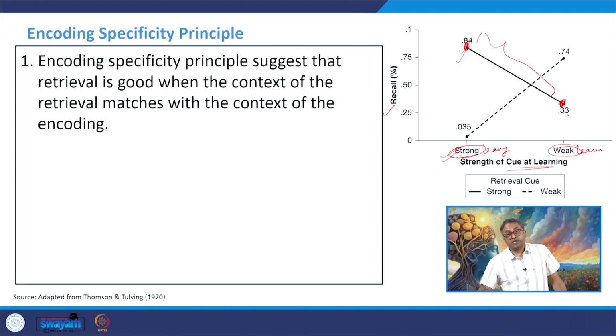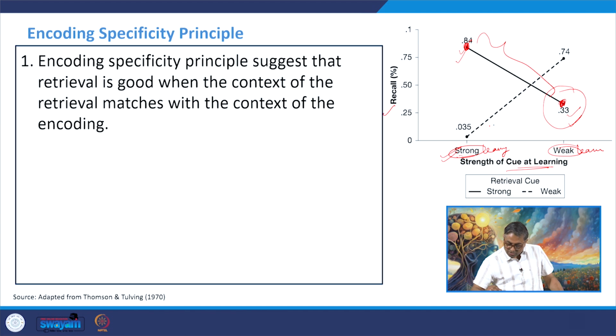But when the cue is weak, when there is a mismatch, then even if you use this strong retrieval cue, an associated cue, at the time of encoding those cues were missing, so the association will not happen. As a result, weak learning will occur.